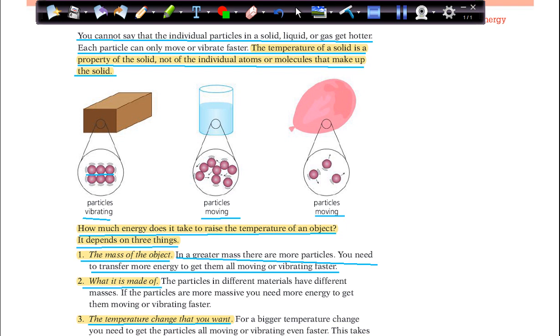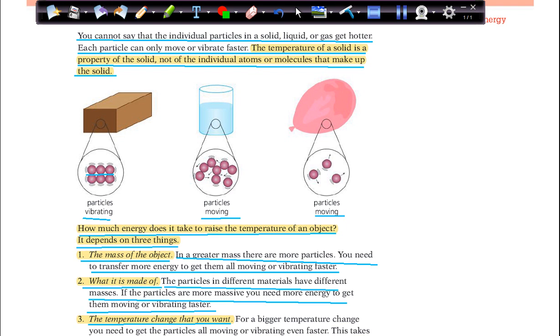Okay, what about the material? The particles in different materials have different masses. If the particles are more massive, you need more energy to get them move or vibrate faster. Okay, do we have any example? Let's think about iron and glass, okay?